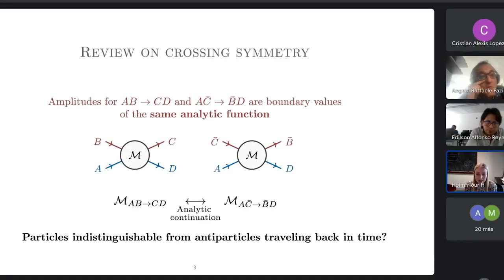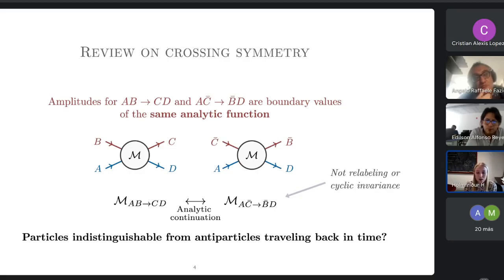Let me emphasize that this is a different condition from relabeling or cyclic invariance. Sometimes the term crossing symmetry is used for different things, but here we really mean the sense in which it's written in this equation, that the 2 amplitudes are analytic continuations of each other. Let me also emphasize that this is not CPT.